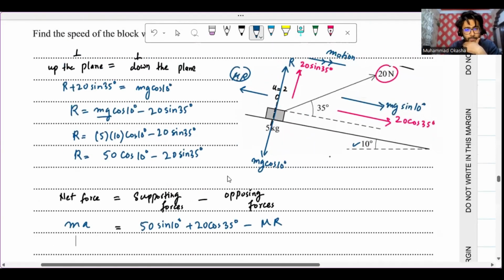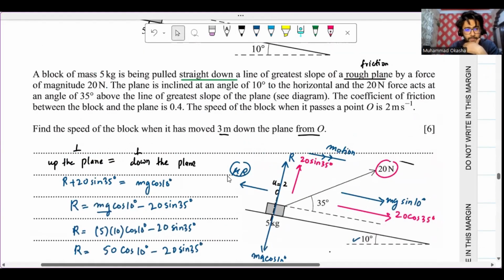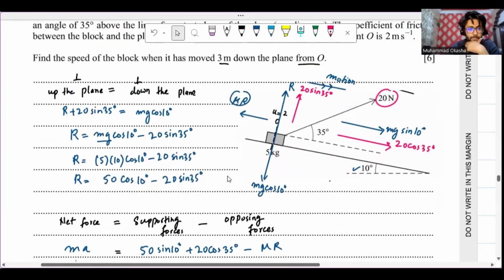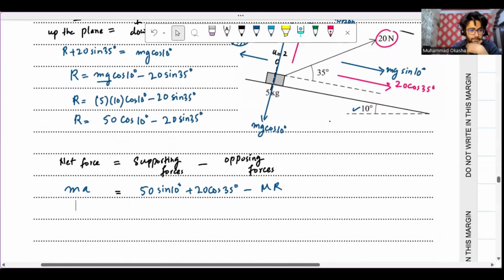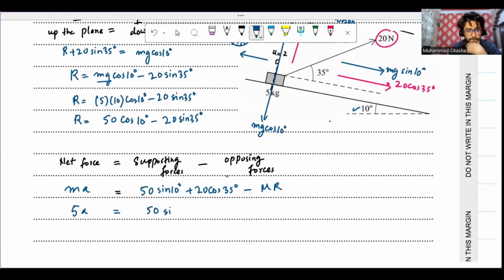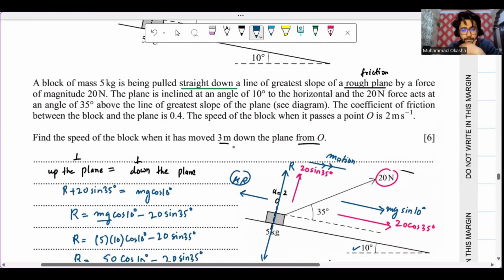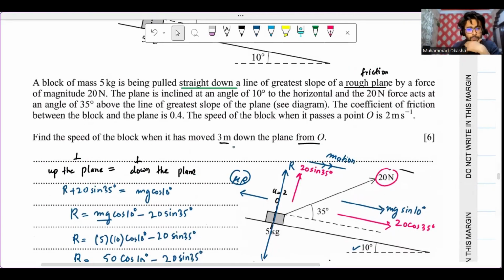And once I put in all the numbers, that's going to give me the acceleration. So the mass is 5. So that's 5a is equal to 50 sine 10 degrees plus 20 cos 35 degrees minus mu. Mu would be 0.4. The coefficient of friction between the block and the plane is 0.4.